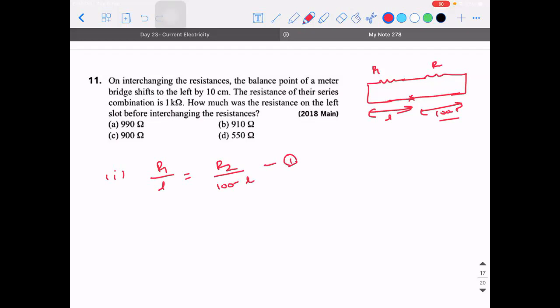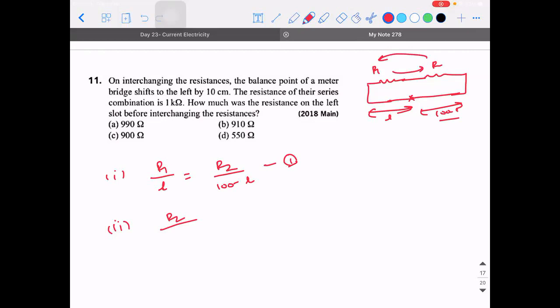On interchanging the resistances, the balance point of the meter bridge shifts to the left by 10 centimeter. Here they're very clear. So R2 divided by what should I write? When R2 is brought here and R1 is taken there, the balancing point shifts to the left by 10 centimeter.